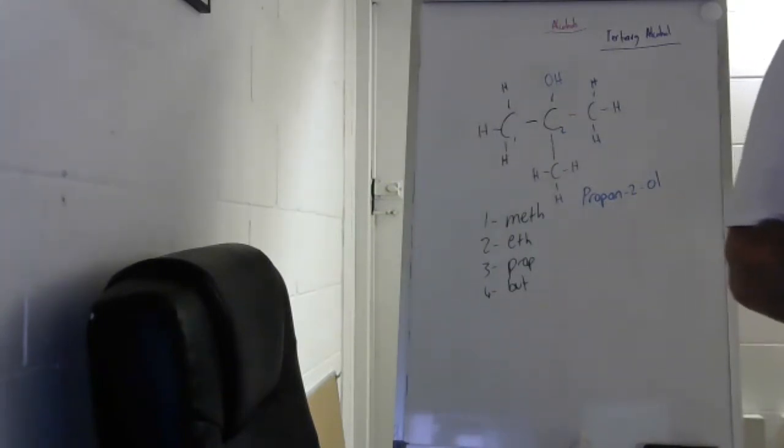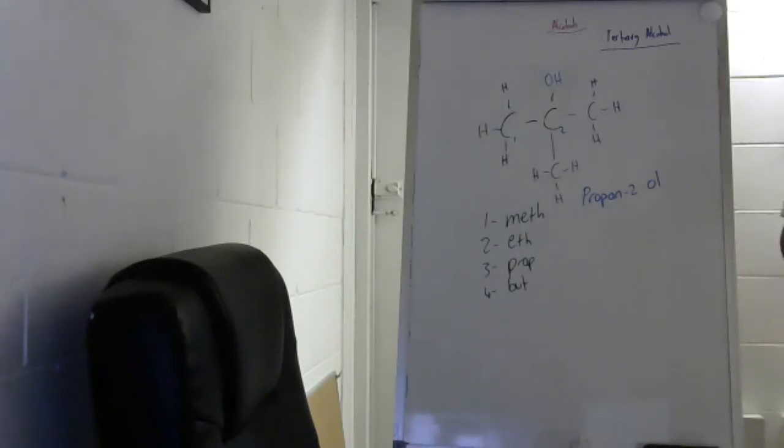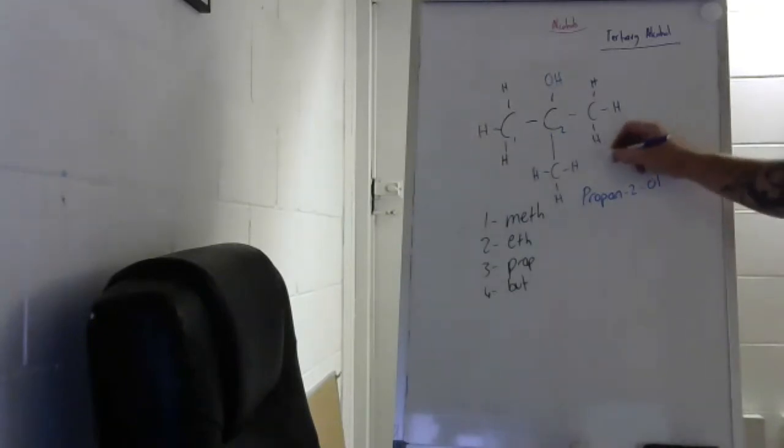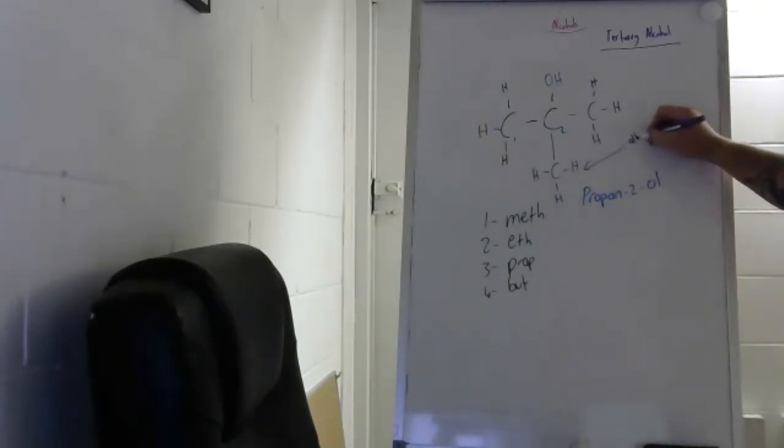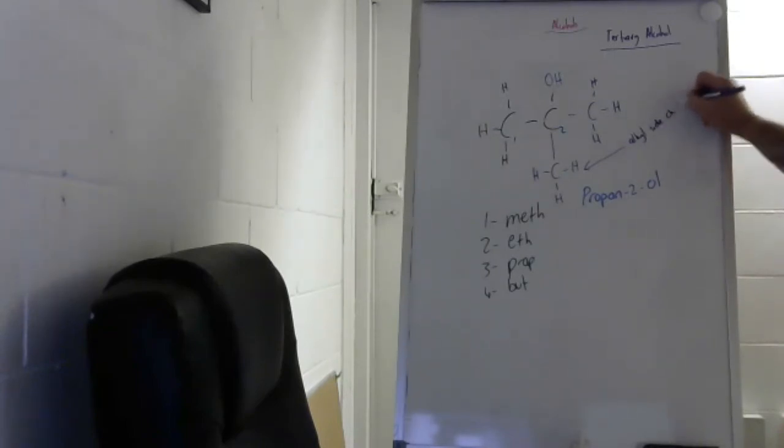Now we name this slightly different. I feel like I should have done this before. We'll go into this after. This guy here is what we call an alkyl side chain. You should have learned about that in grade 11.